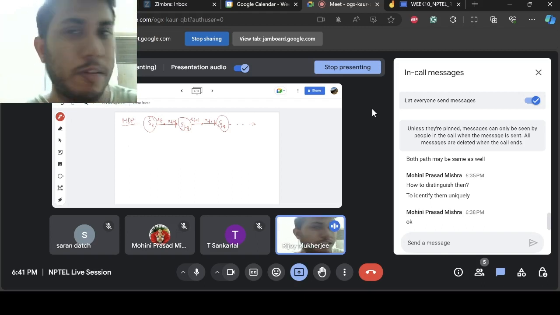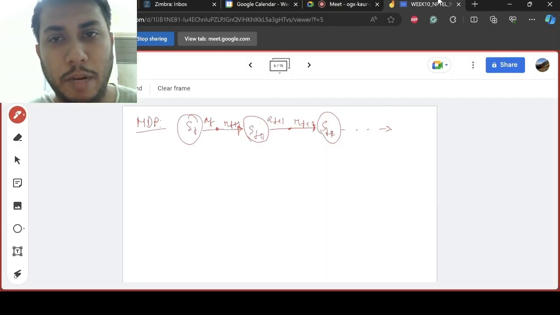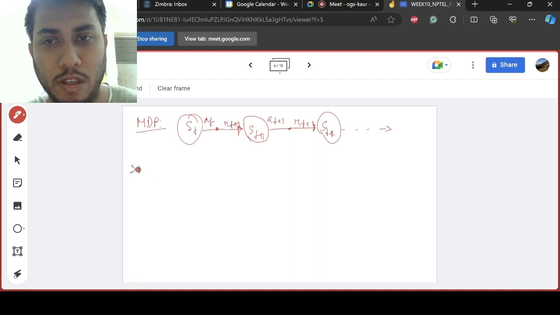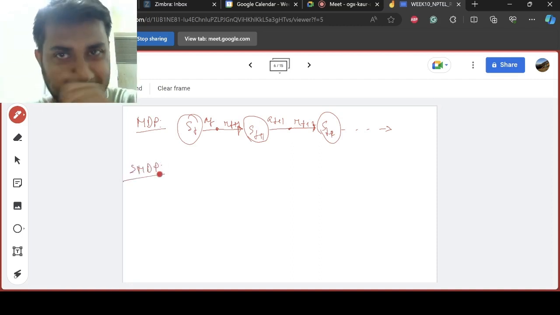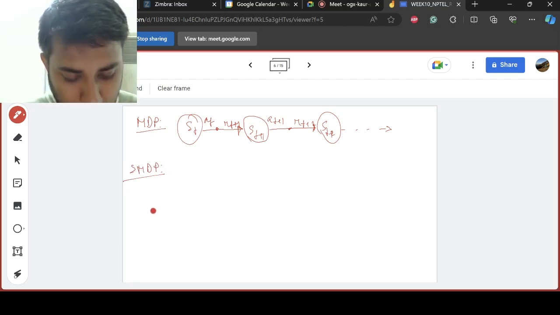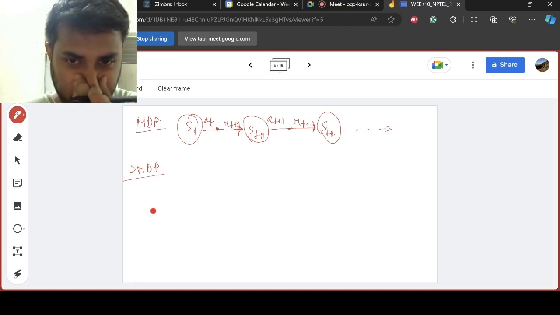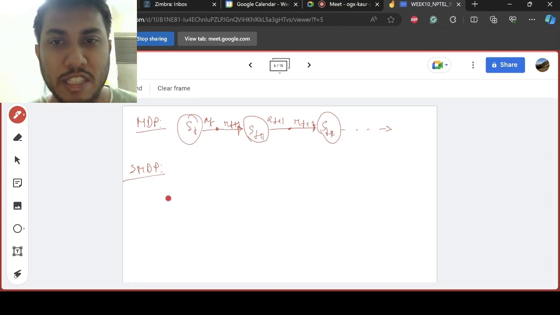Similarly, we have the concept of semi-Markov decision problem, SMDP.